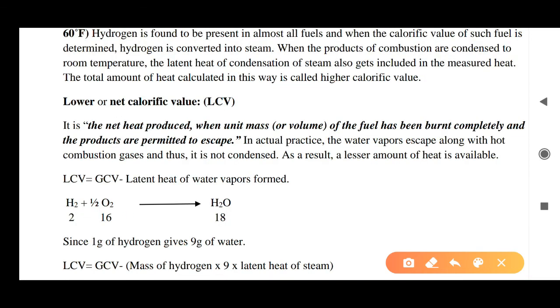So you can see here, LCV is equal to GCV minus latent heat of steam. That means GCV is always greater than LCV. Remember this. So we can measure calorific value of fuel as calorie or kilocalorie per kg.